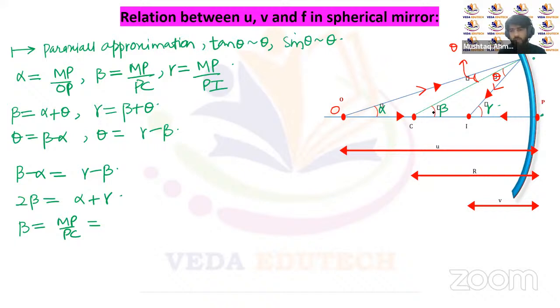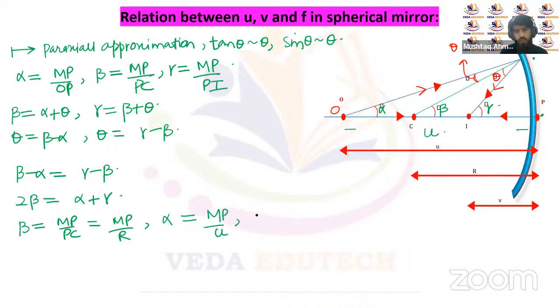PC is the distance between the center of curvature and the pole, that's equal to the radius, or we can write beta equal to MP upon R. Similarly, alpha will be equal to MP upon OP. OP has the value equal to the object distance, because O to P is the distance between the object and the pole of this mirror. We call this the object distance u. So alpha will be equal to MP upon u.